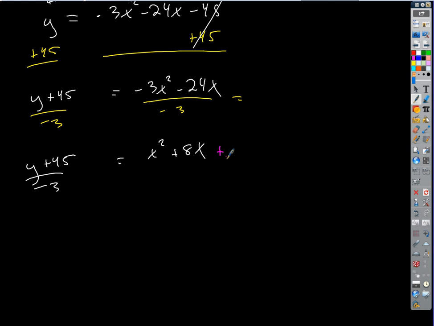This goes back to Unit 2. 16 is right, because half of b is equal to 8, right? Half of 8 is 4, and so 4 squared is 16. Now I got to treat both sides equally, so I'm going to add a 16 to both sides.